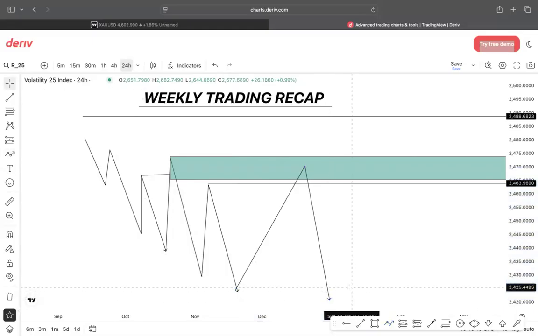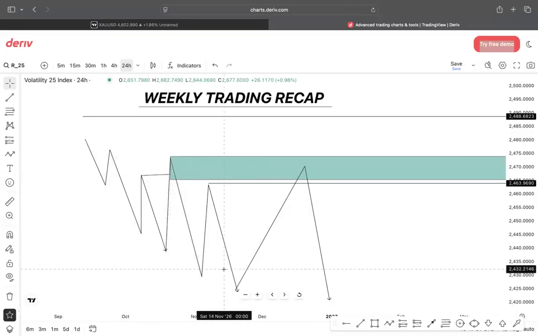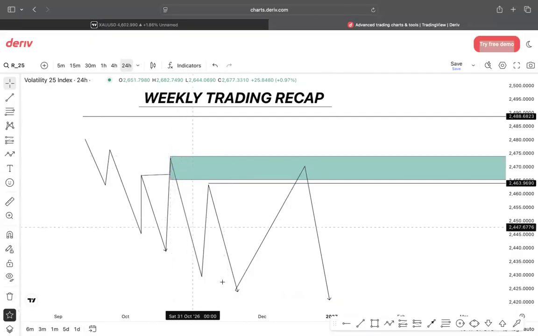So first, I do a top-down analysis to know where price is coming from and where it is going to. Then I wait for a sweep of liquidity, either buy-side liquidity above highs or sell-side liquidity below lows, and then a break of structure. This break of structure tells me it is a sweep of liquidity and not a change of character.